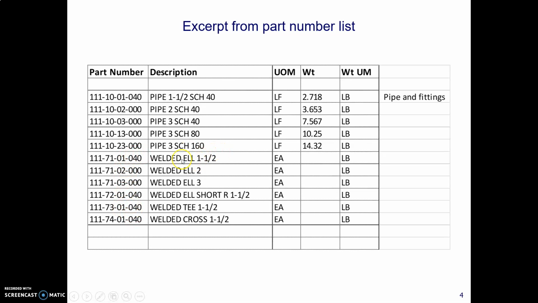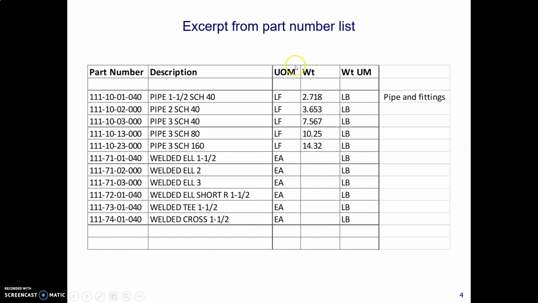Now notice the elbow, we're going to use welded fittings, and notice the elbow is not called elbow. It's called L, E-L-L. Then here is a T, welded T, and here's a welded cross. And we're using all 1.5 inches, so you can ignore the 2-inch and 3-inch elbows.